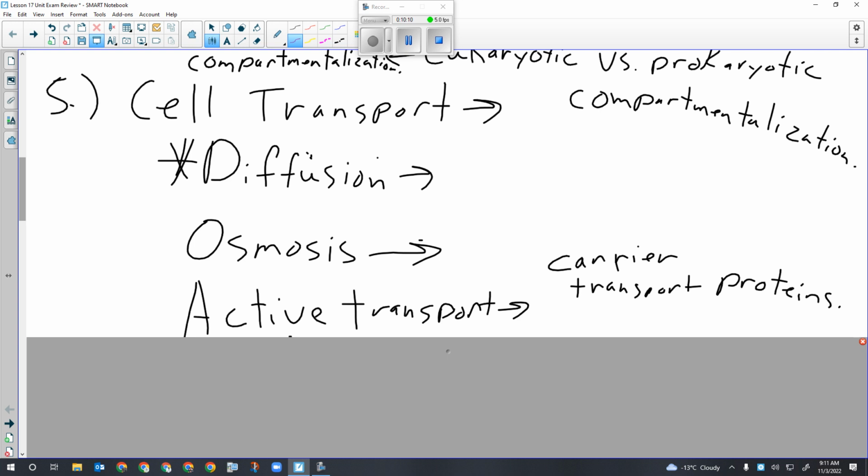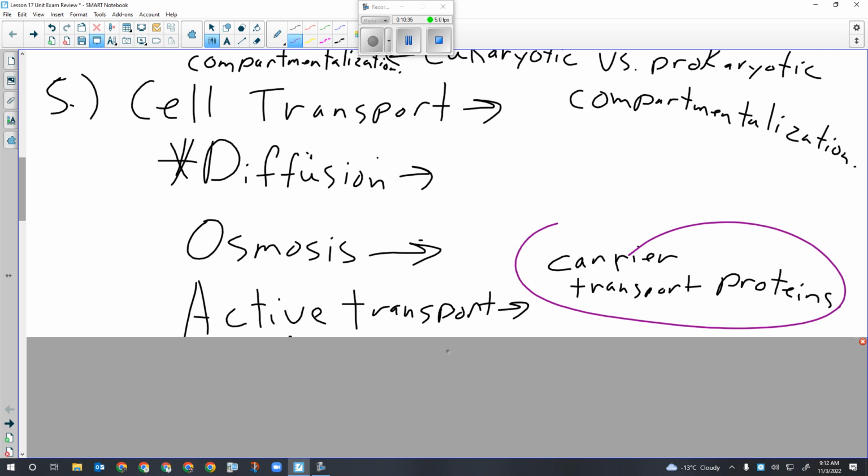Okay, if we're talking about active transport, that one's different than the other two because it actually uses energy to pump materials through the membrane against the gradient, that is from low concentration to high concentration, which is the opposite of the other two. Okay? In order to move things through the membrane, it activates carrier or transport proteins.